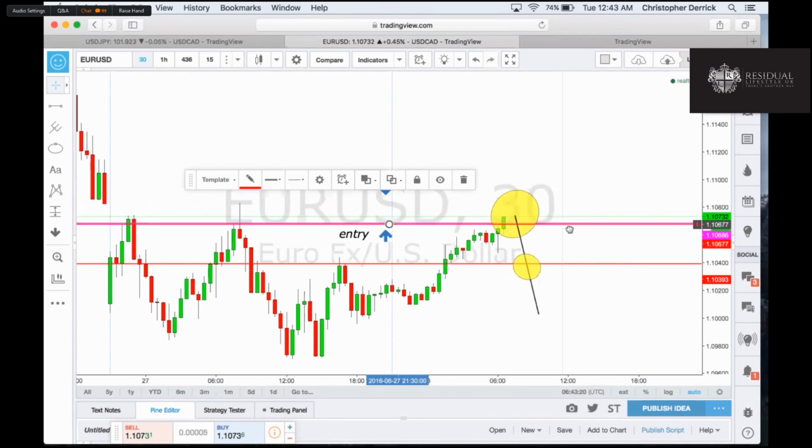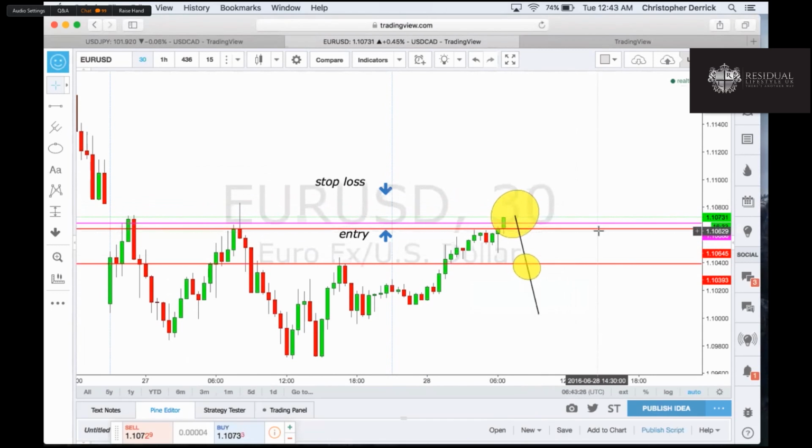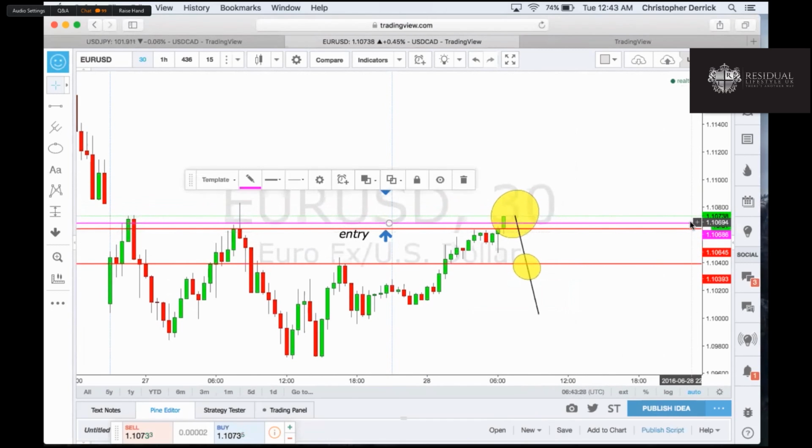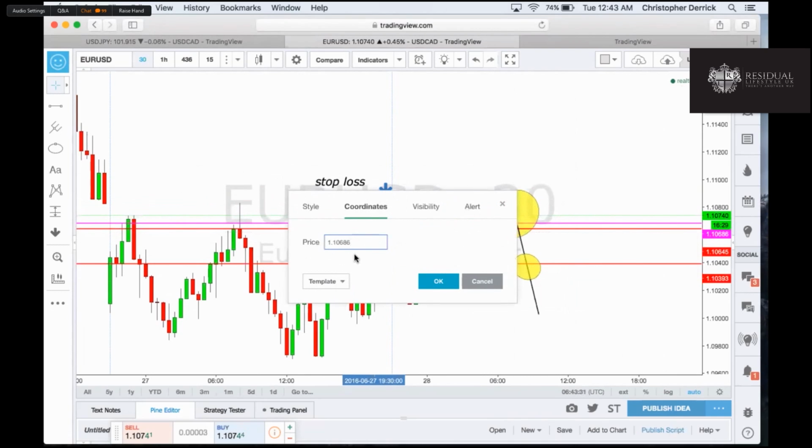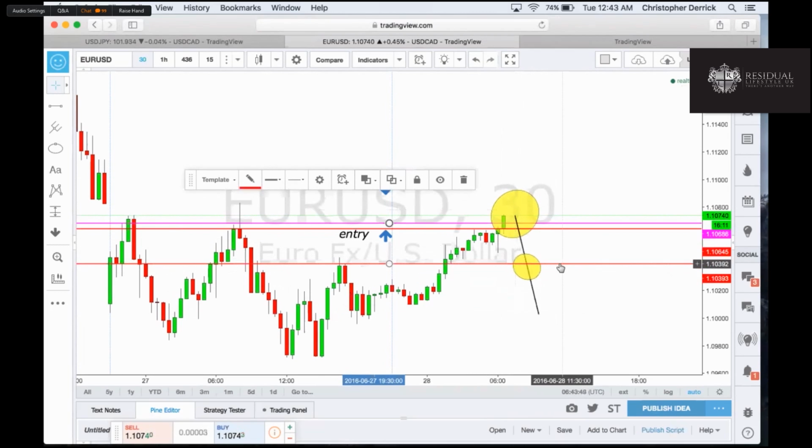Now, the way you do that is if your entry was at, let's see where this is at right now. Say your entry is at 1.10686, right? What I'm going to do is subtract 5 because it's obviously dropping. So it's going to be 1.1063. So when I do that, let's do this one. You go into your stop loss on your MetaTrader.